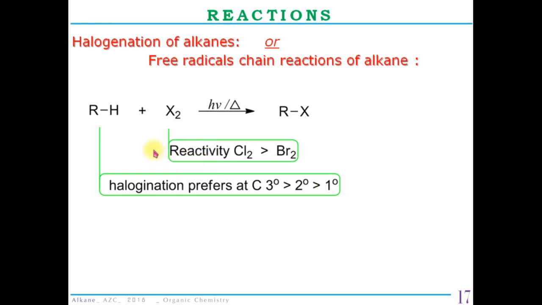Next, the reactivity of the halogen, where chlorine is more reactive than bromine, and in product isomerism is also possible. We will see these things in detail.